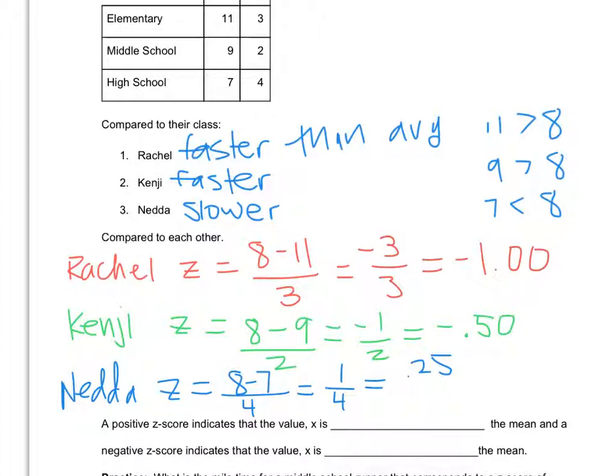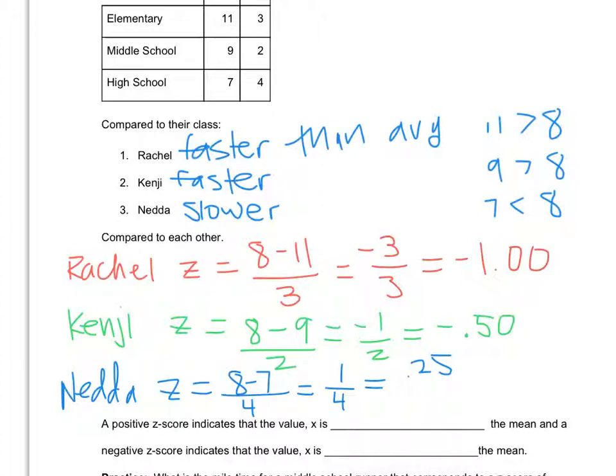Compared to each other, Rachel ran the fastest because her z-score is, first of all, negative, which means her mile time is less than the mean. It's faster than the mean, and it is more standard deviations below the mean than Kenji.